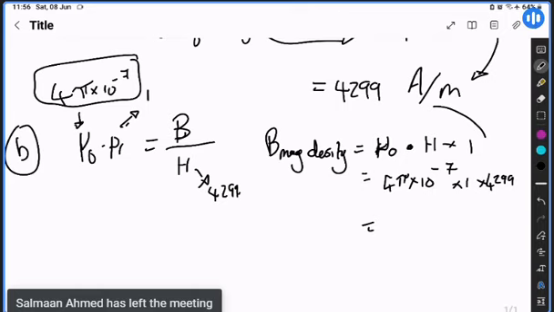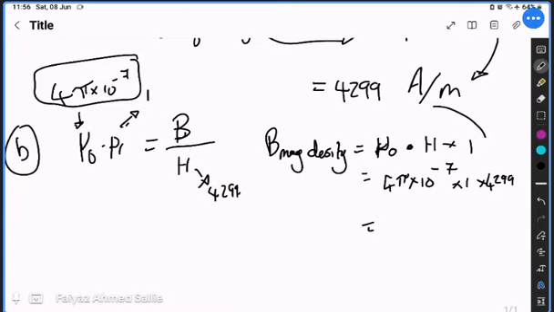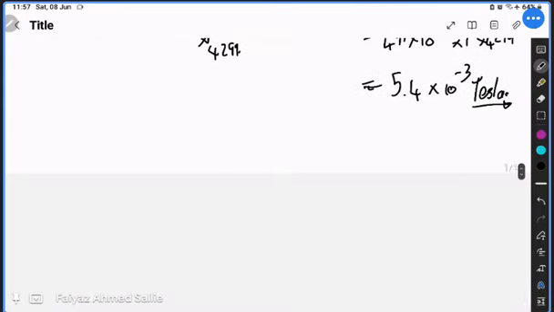So we have an answer of 5.4 times 10 to the negative 3 Tesla. Don't forget your units. I think this is easier to remember. Tesla, like Elon Musk, you know?